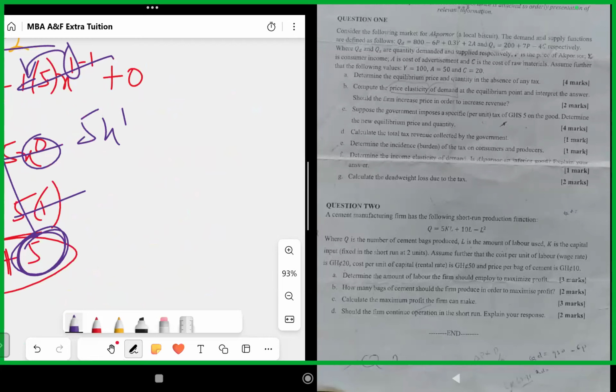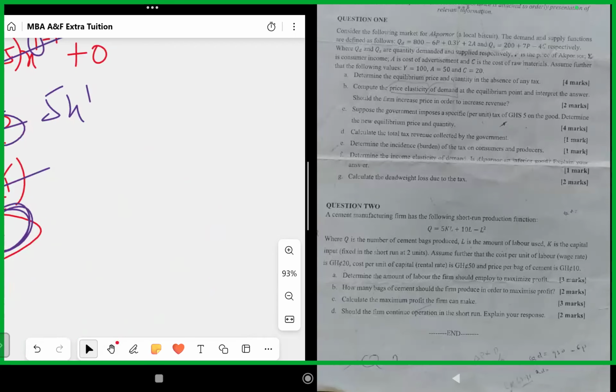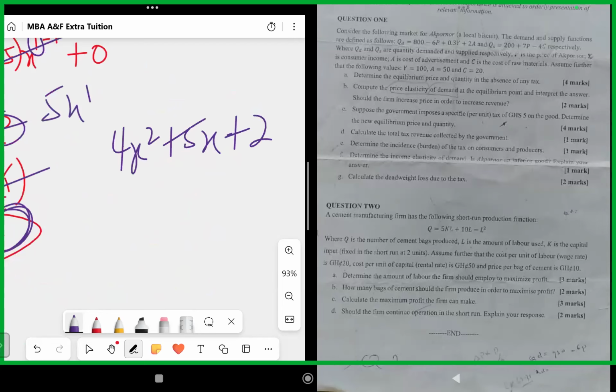Now, remember that the equation you are looking at is 4x squared plus 5x plus 2, and the exponents of x are in descending order. So 2 is the highest, followed by 1.